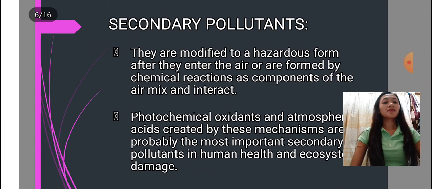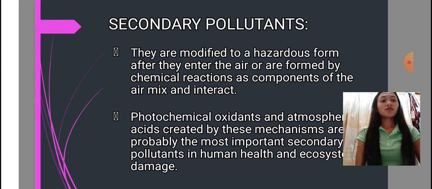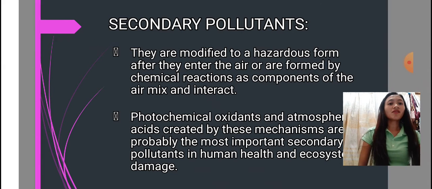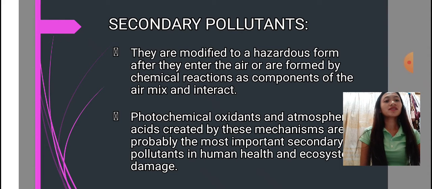The secondary pollutants are modified into hazardous form after they enter the air, or are formed by chemical reactions as components of the air mix and interact. Solar radiation often provides the energy for these reactions.